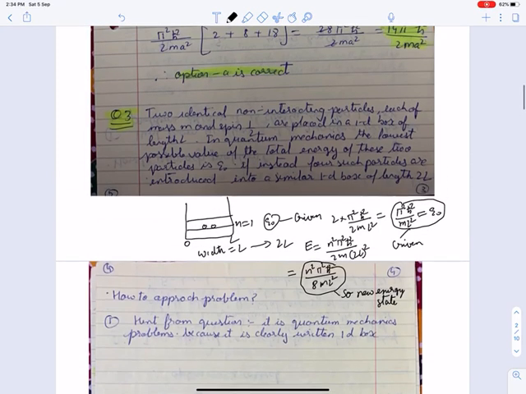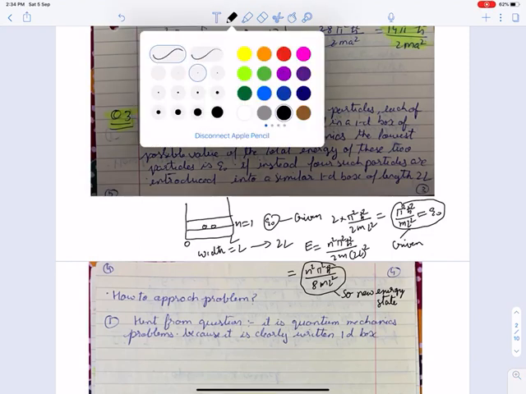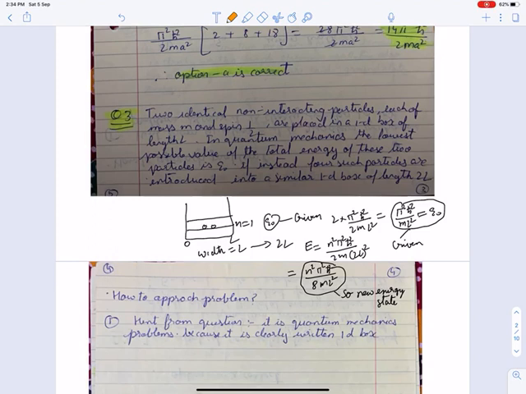Now it is asking that four such particles are introduced in this.